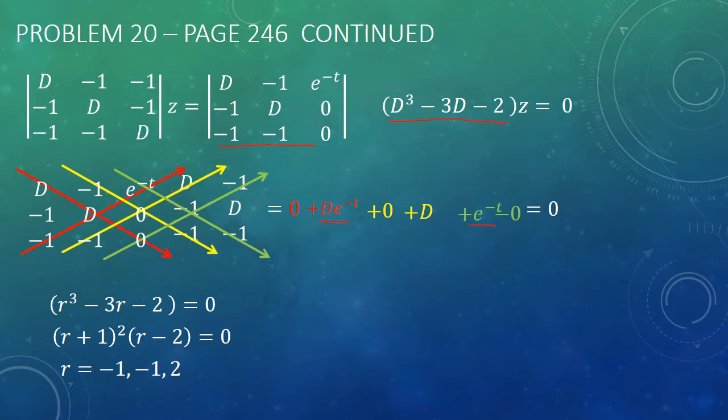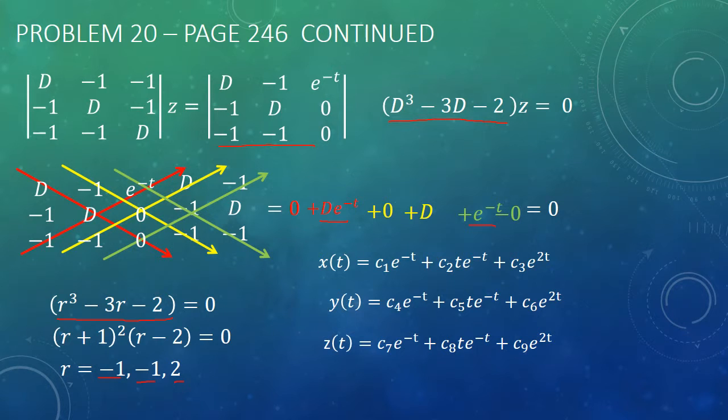So if we solve, we get the characteristic equation, and we solve that, we find that we have repeated roots of minus 1 and a root of 2. So that's going to give us this solution. But look at that. I've got 3 equations and 9 constants I have to find. Well, how do I find them?